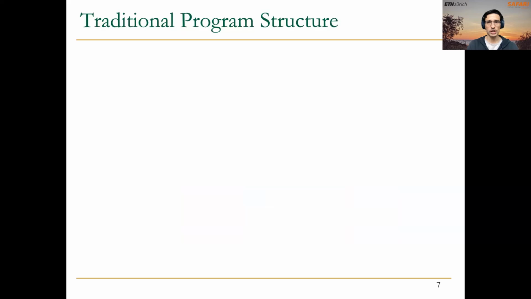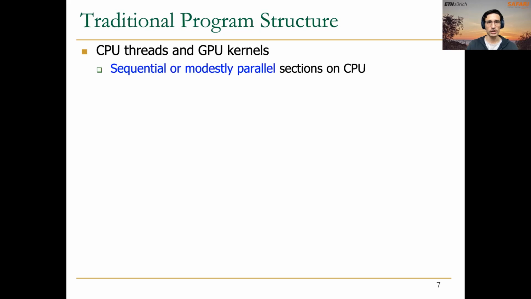The typical way to distribute computation in this program structure is to use CPU threads and GPU kernels. We will use CPU threads to execute sequential or modestly parallel sections of the code that will run on the CPU, and massively parallel sections of the code will run on the GPU.